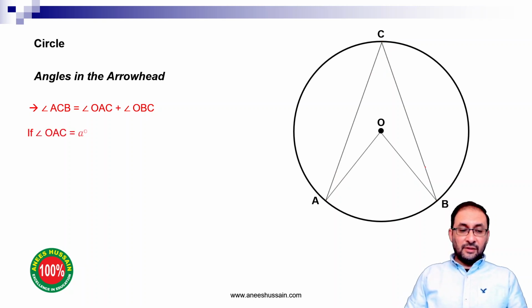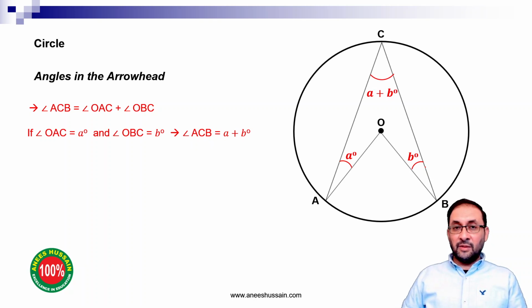So if OAC is A degrees and OBC is B degrees, then angle C or angle ACB will become A plus B degrees. And why that happens is very simple.